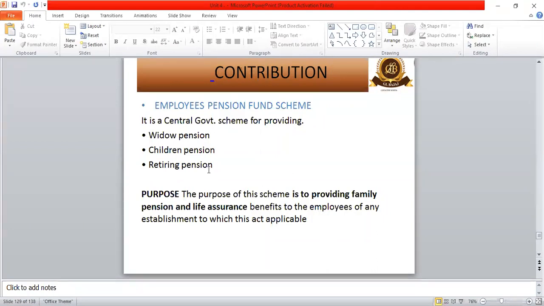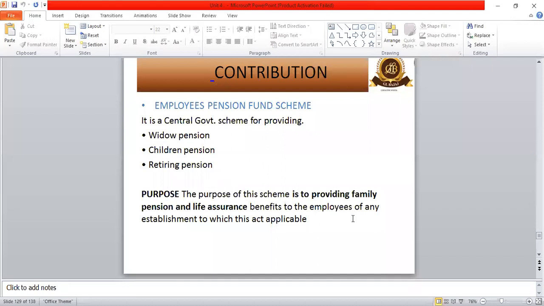That means if the person has died but his account is there, and the fund is already accumulated in that account, the widow of that employee will receive the pension. If there is no widow and only children are there, whose names were nominated, then children's pension applies. And retiring pension is for you when you reach the age of superannuation.